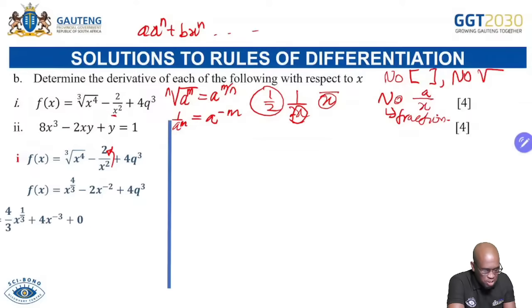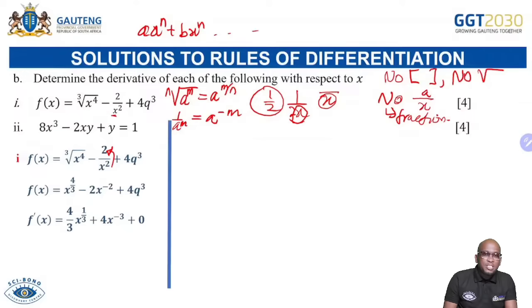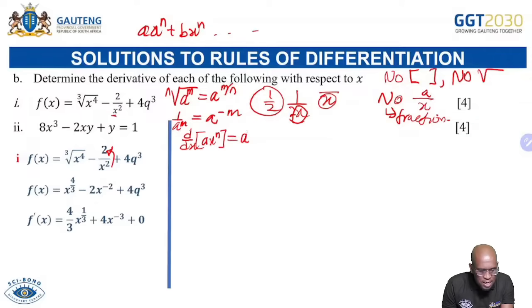So we can differentiate. When differentiating, obviously we are using the fact that d/dx of ax to the n is equal to what? a n x to the n minus 1. That is the rule that we are using, all right? So when we differentiate the first one, this is what we get.